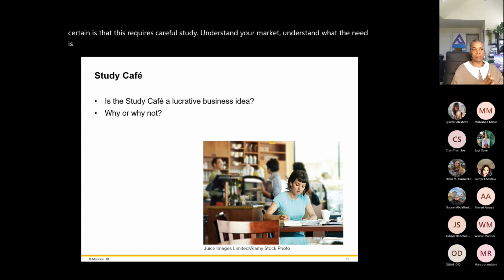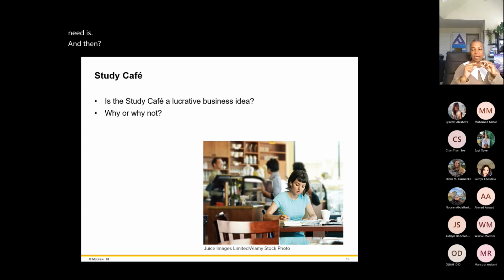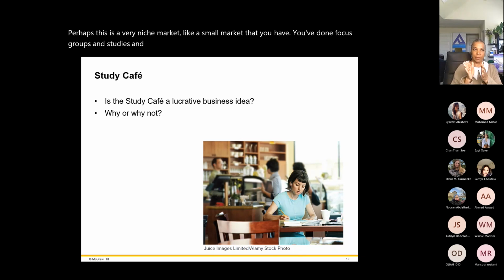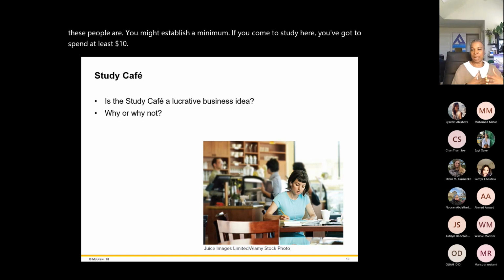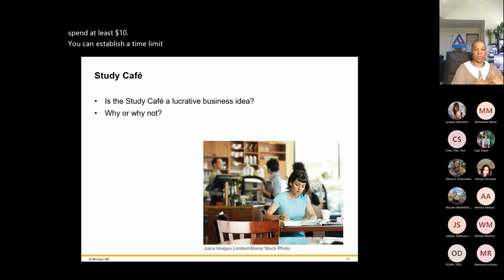Perhaps this is a very niche market, and you've done focus groups and studies and decided there is a need for it. These people are willing to pay, or you might establish a minimum: if you come to study here, you've got to spend at least $10. You can establish a time limit of 2 hours, and if you want more time than that, you have to spend more money.